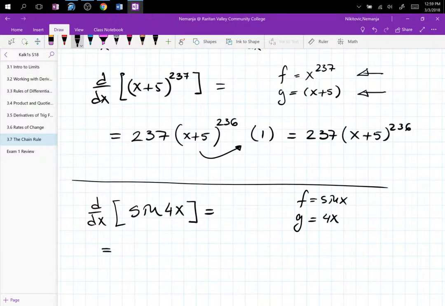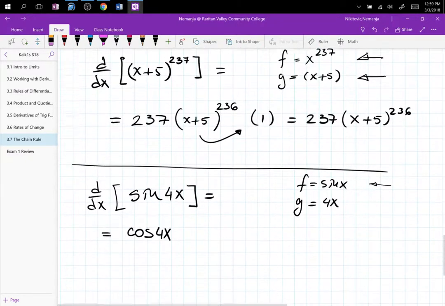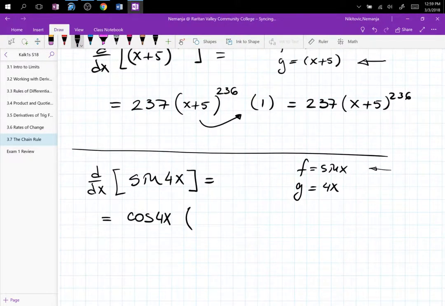What's the derivative of sine, which is the outer function? It's a cosine, and you have to write the same g. Remember that it's f of g of x. So whatever g is, it has to stay plugged in. Times the derivative of the 4x, which is 4, and the whole thing is 4 cosine 4x.